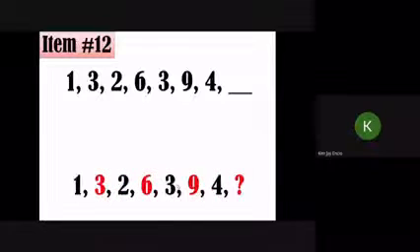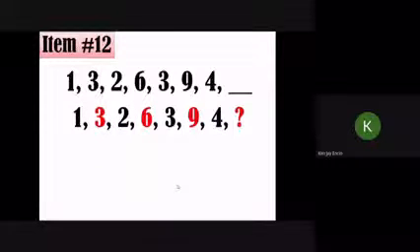Now, I will make the numbers in the even-numbered positions red. Like this is first, third, fifth, seventh position. The numbers in the even positions are 3, 6, 9, okay, this is the second, the fourth, the sixth, and so on.